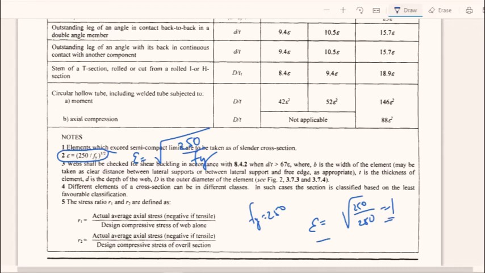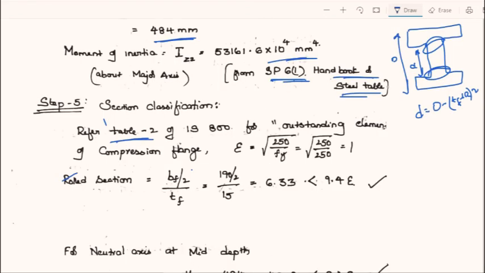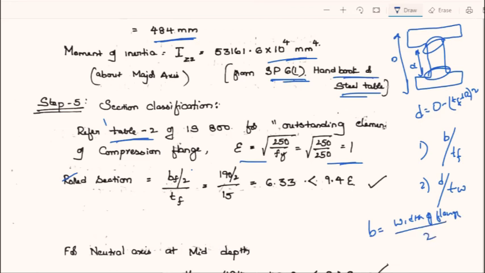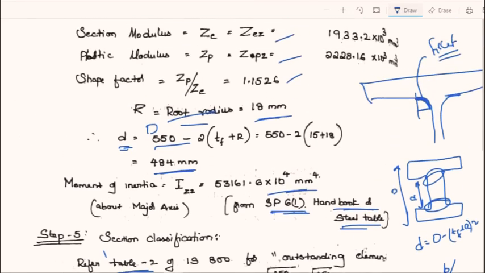Okay, let me go into this. So epsilon is equal to 1, and we have to check two conditions. First one is b by tf, second one is d by tw. And what is b here? b is nothing but the width of flange by 2. What is the width of the flange?